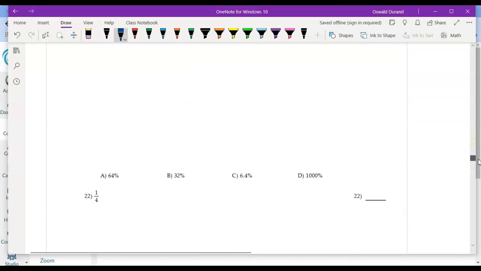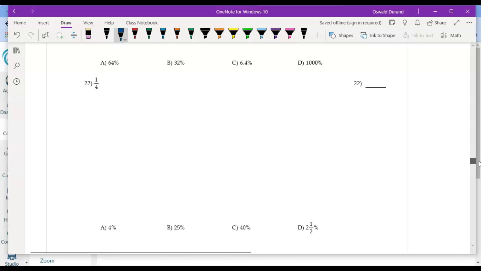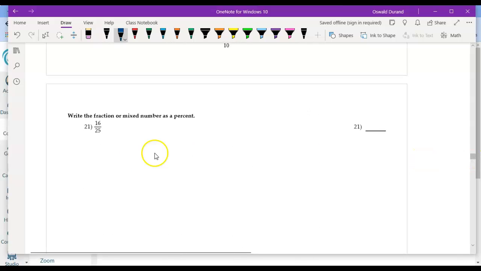All right, so now the other way around, we want to write stuff from a fraction to a percentage. You use a calculator, right? So you're going to do 16 divided by 25, which is going to give you a number. 16 divided by 25 gives you 0.64. That's your first step.